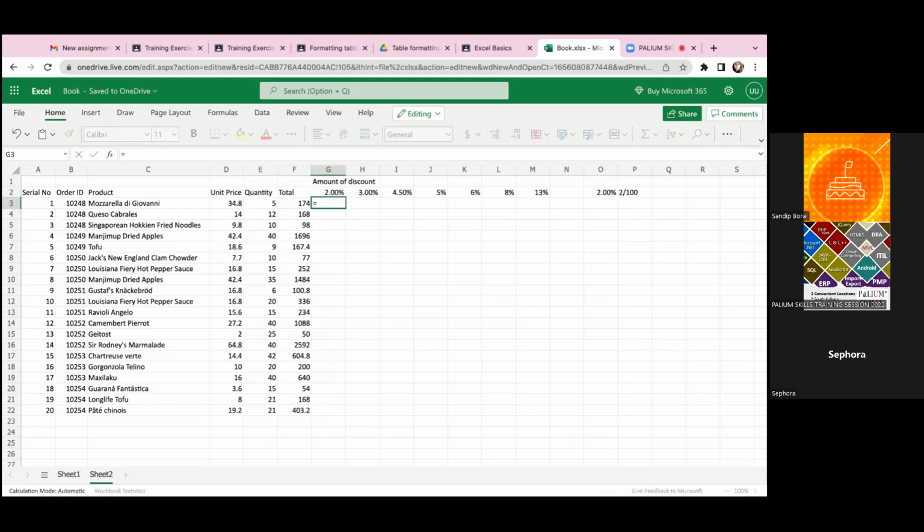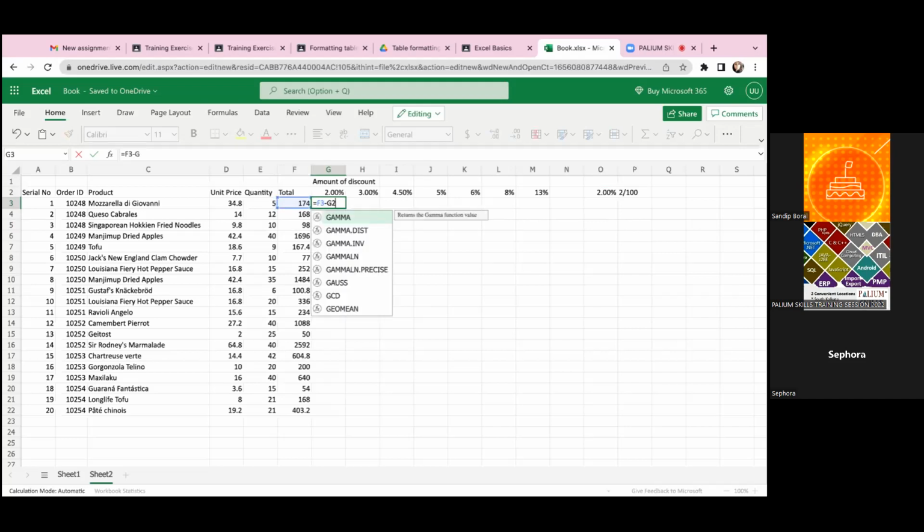So this is equal to, then I go to this. Then divided by, minus, no? Not minus, divided by, I think. Slash. Divide, okay. G minus G2, right?